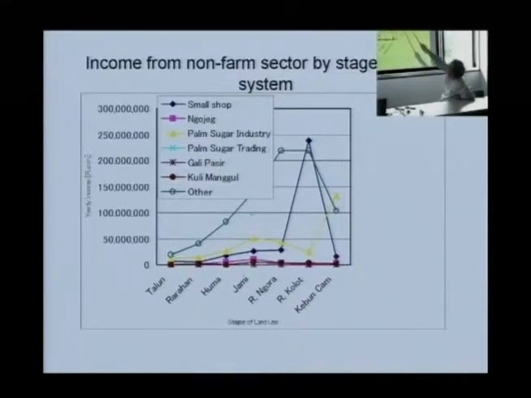Income from the non-farm sector by stage of Tarun system. Income from the non-farm sector is also different according to the stages.